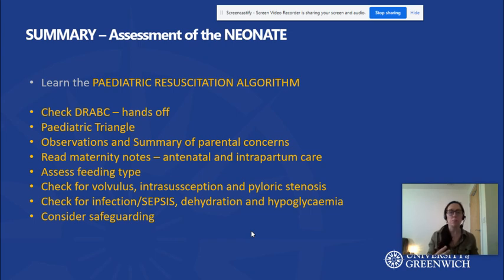Assess the feeding type, and nappies as well, but that all comes together. Check for volvulus, intussusception, and pyloric stenosis. Then check your red flags: infection, sepsis, dehydration, hypoglycemia. Consider everything about safeguarding and then make your plan.